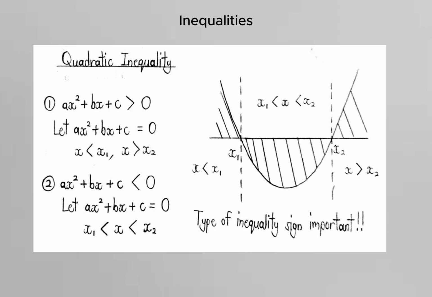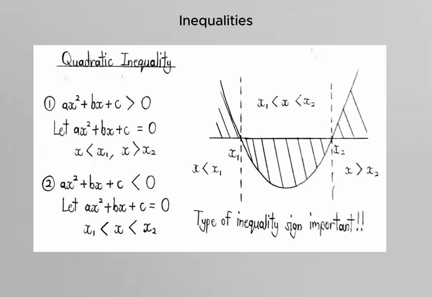You need to make sure that the equation is in the form of ax squared plus bx plus c more than 0. Make sure it's a quadratic expression and that the 0 is on one side. Let this become equal to 0, so that when you solve, you get conditions that will match the graph on the right.